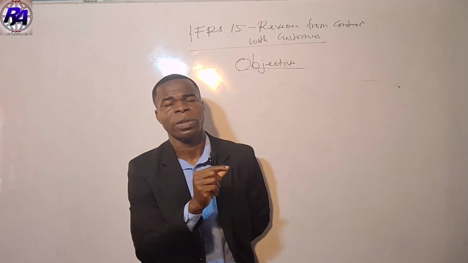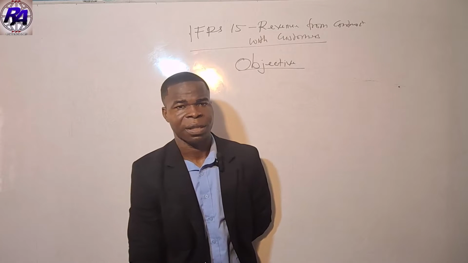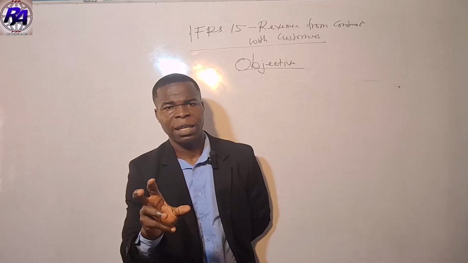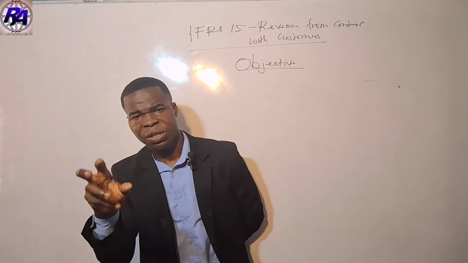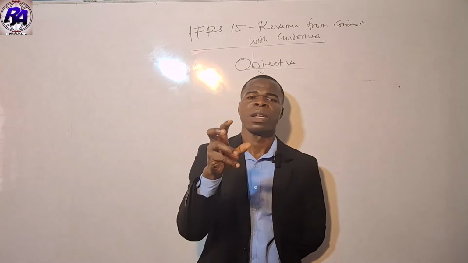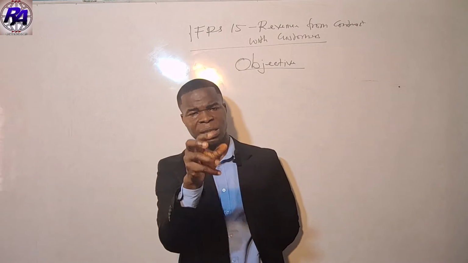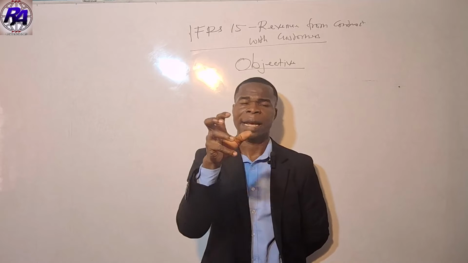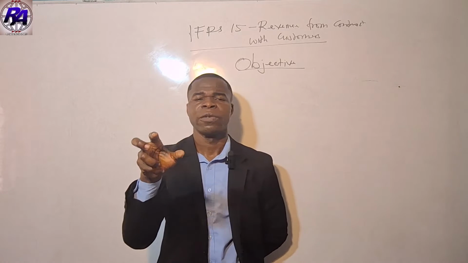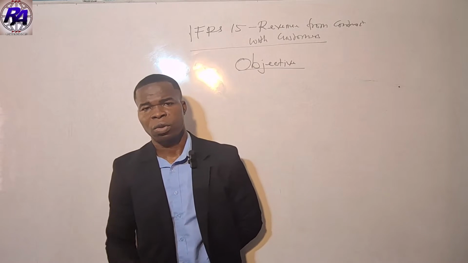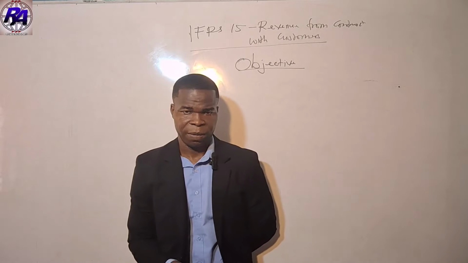That is the basic objective of IFRS 15. It provides information that deals with the principles of the nature, the timing, the amount, and the uncertainty around revenue and cash flows arising from contracts with customers.